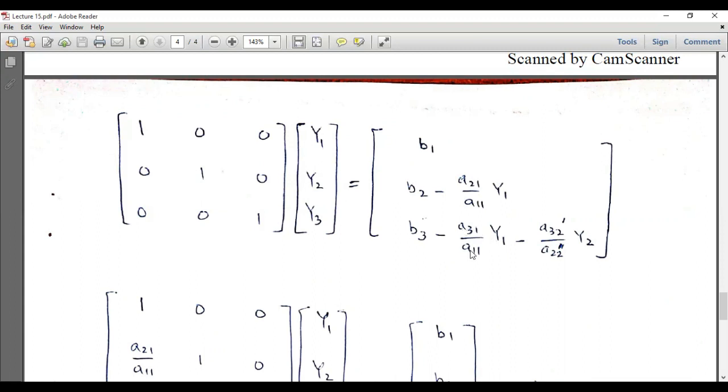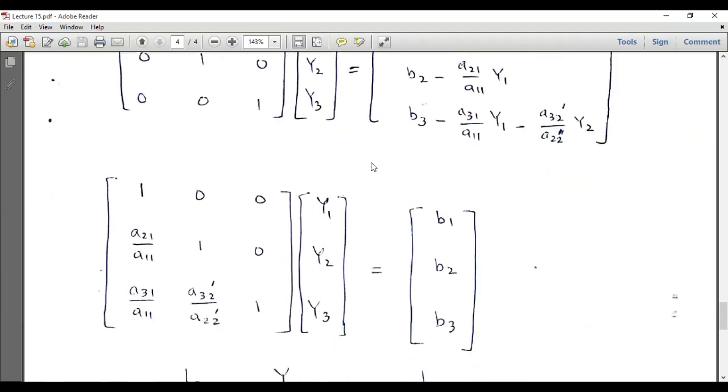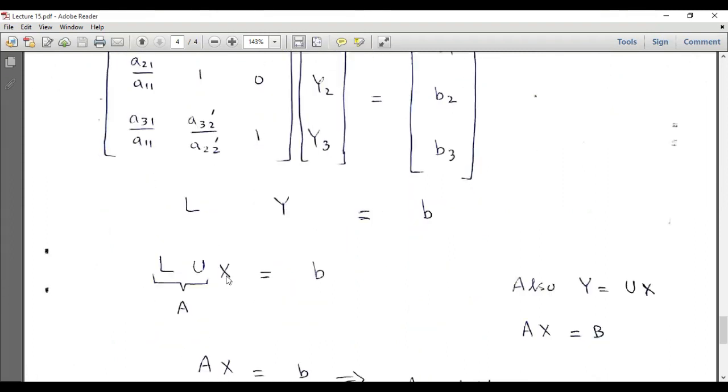Similarly, A31 over A11 will be placed over here with a positive sign, because this entry is also being multiplied by Y1. Similarly, this entry will take the place of this 0 with a positive sign, because this is multiplied with Y2. So our new system will become Y1, Y2, Y3, 1, 0, 0, B1, B2, B3, and these entries will take the place over here with positive sign.